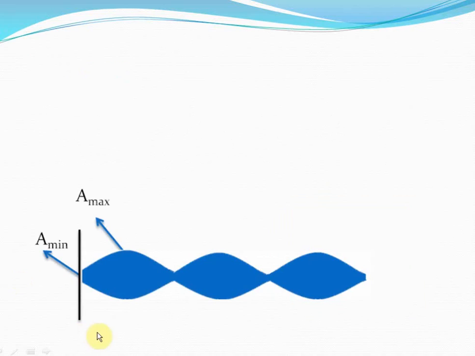This is the equation of the standing wave. We can clearly see that this will be the minimum amplitude and this will be the maximum amplitude in the case of the standing wave. Now, clearly x is the ratio of the maximum amplitude and the minimum amplitude. What will be the maximum amplitude?